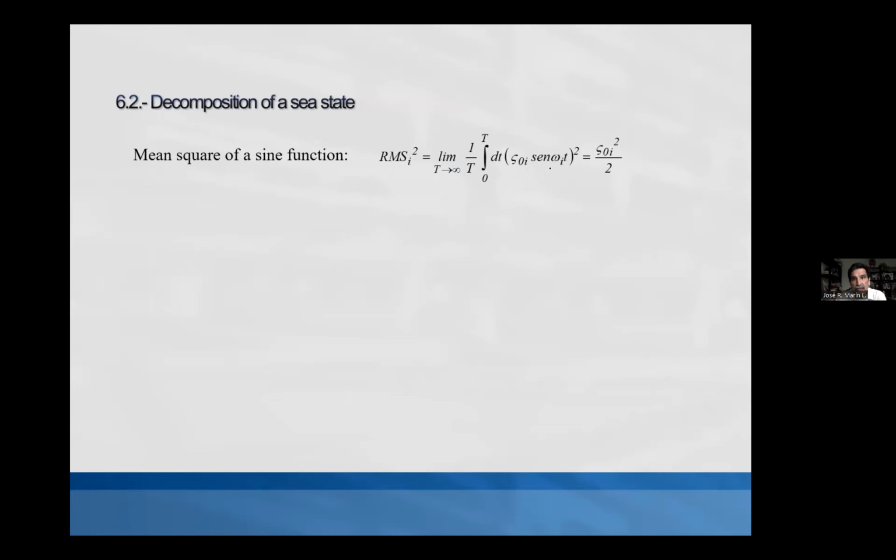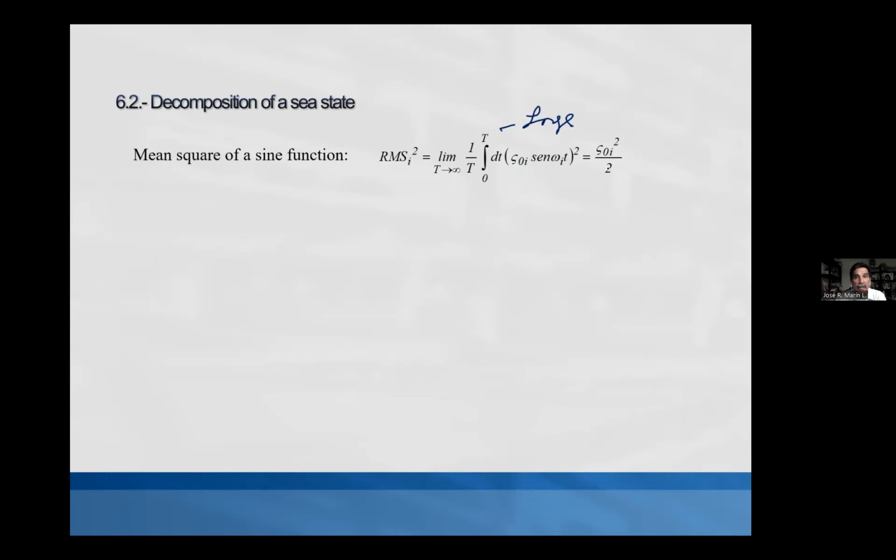So we take the function, square it, integrate it over a very long period of time, and divide it by this period of time. T is very large. So this is a large number.